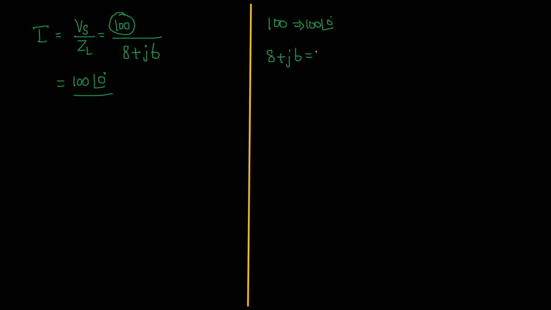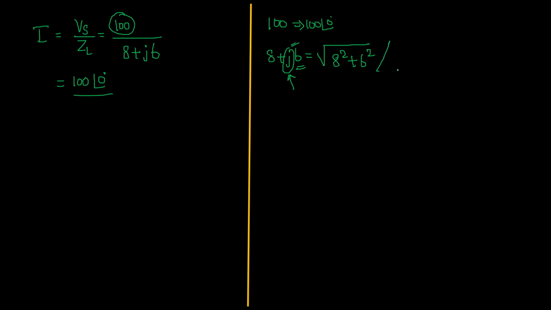First step, calculate the magnitude of this: square root of real part square plus imaginary part square. The j just represents that the given term is imaginary; we put this imaginary operator just to give that information. Don't square this j while calculating the magnitude, that is wrong.